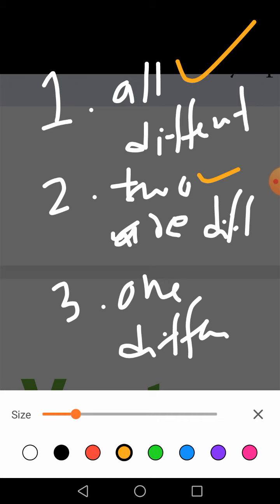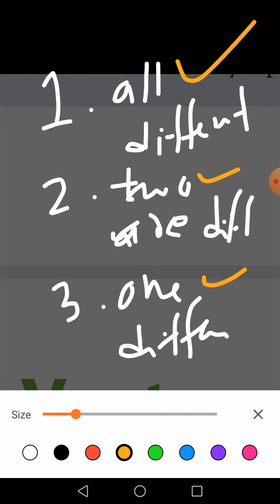For example, the x and y values are different but the z values are the same. Or the x values of both lines are the same and the y values are the same, but the z values are different.